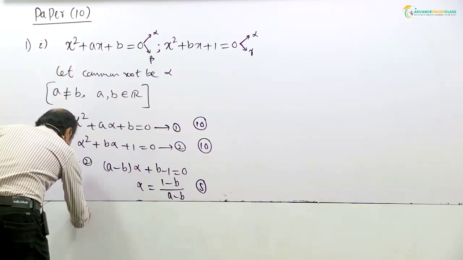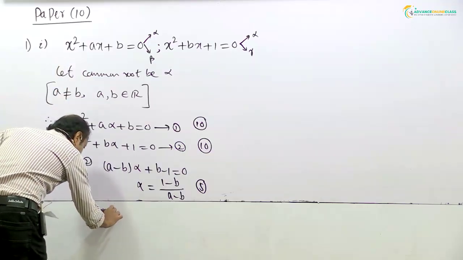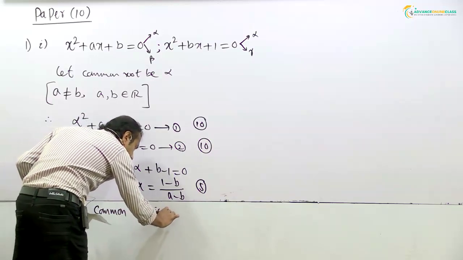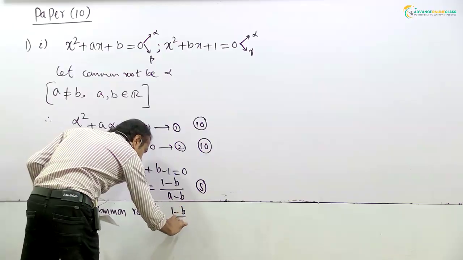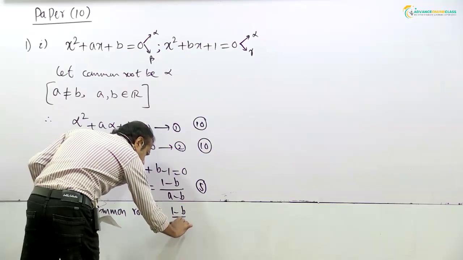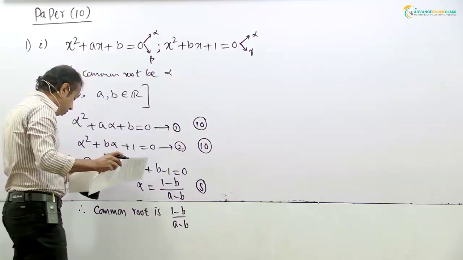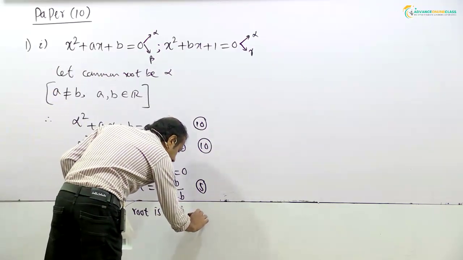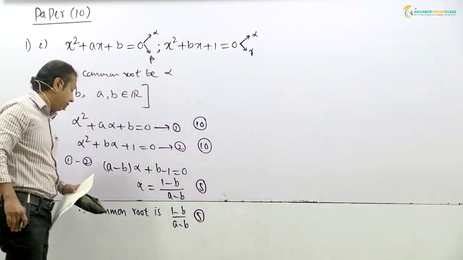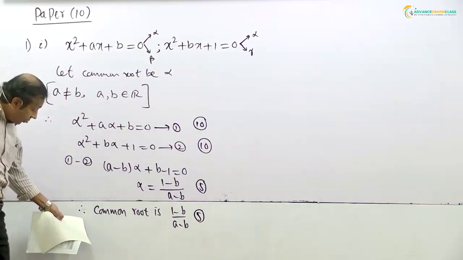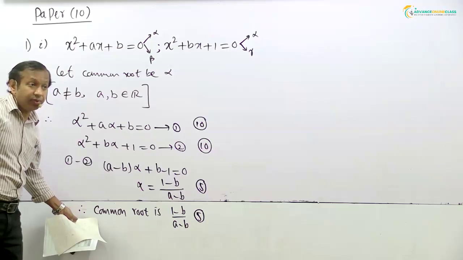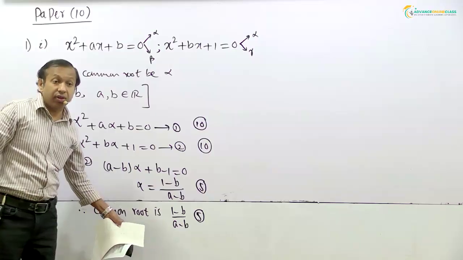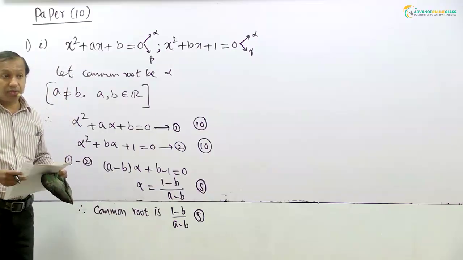Therefore, the common root is 1 minus b divided by a minus b. So that is another 5 marks given. So it's very important. Sometimes by writing the last answer in words like this, you get another extra 5 marks. Pay attention to that too.